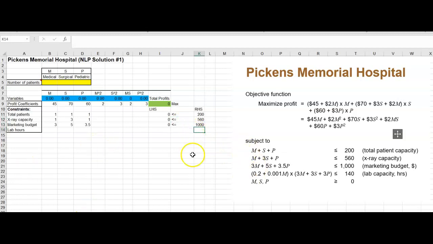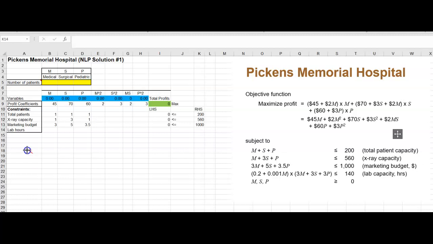Then our last and final constraint is the lab capacity constraint. For this lab capacity constraint, I would first have to expand the left-hand side of the equation, and I can do that manually by hand. So the 0.2 gets multiplied with 3m, 3s, and 3p.